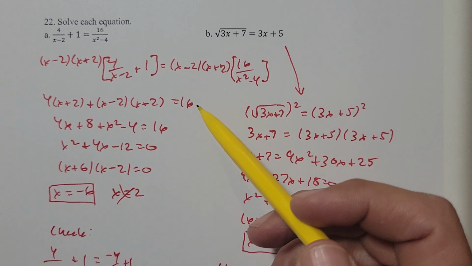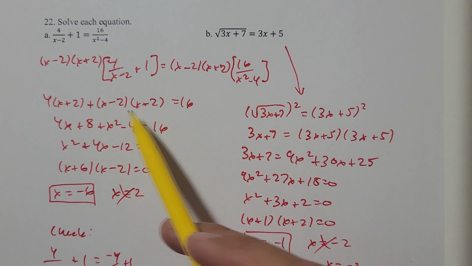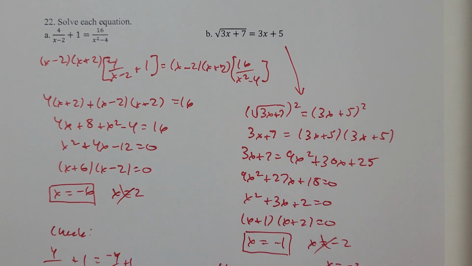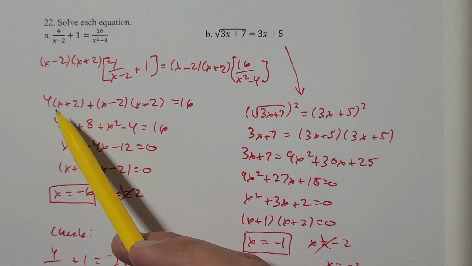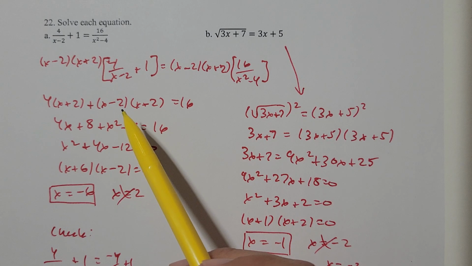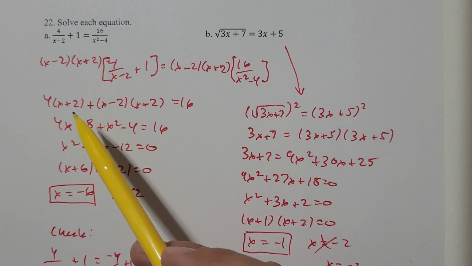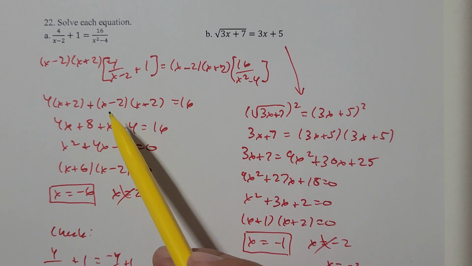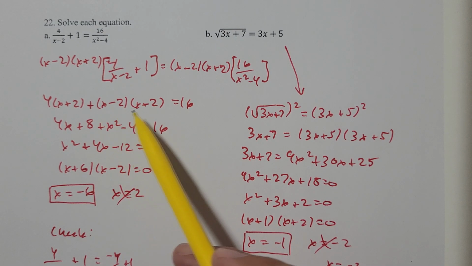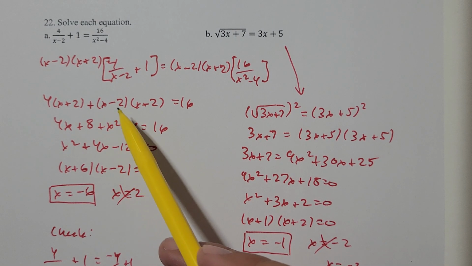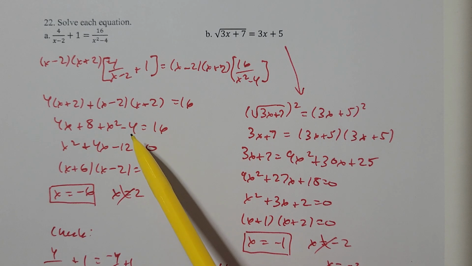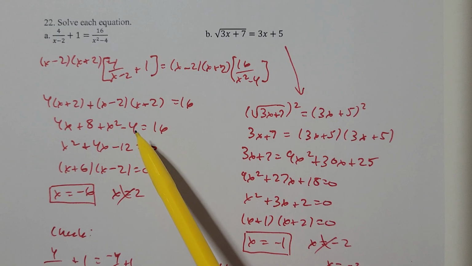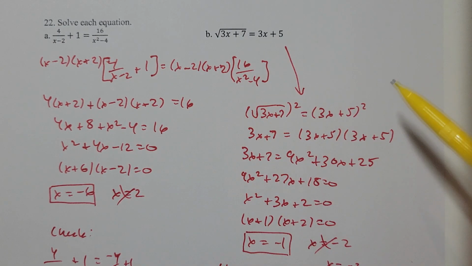Now I'm back on more familiar ground because I don't have any more fractions involved, which is nice. So let me distribute 4, and I'll FOIL this out. Next, I've got 4x plus 8 plus x squared, and then 2x minus 2x, that's 0 in the middle. Negative 2 times 2, that's minus 4 at the end, equals 16.